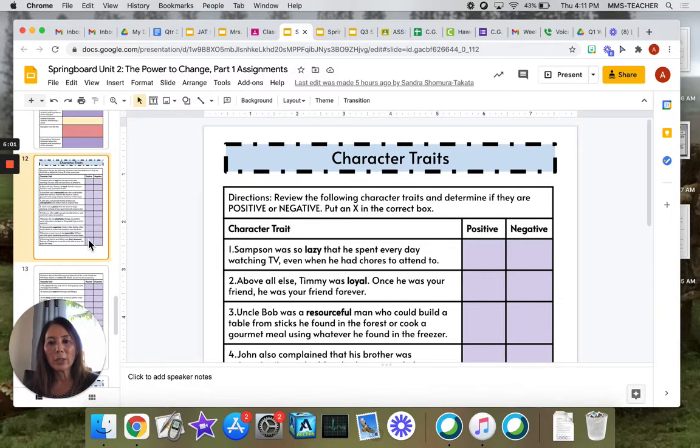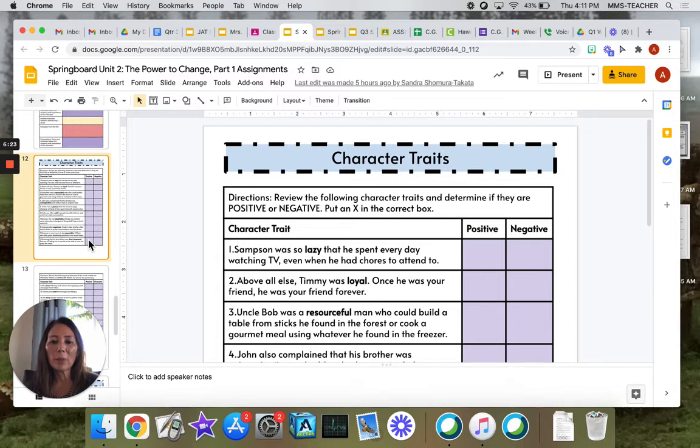So the directions say, review the following character traits and determine if they are positive or negative. Put an X in the correct box. So for slide 12, we're going to be focusing on character traits. So we're going to determine if those character traits are positive or negative.